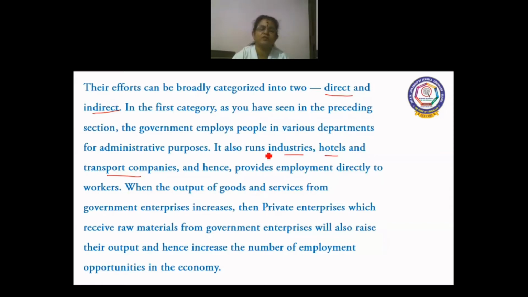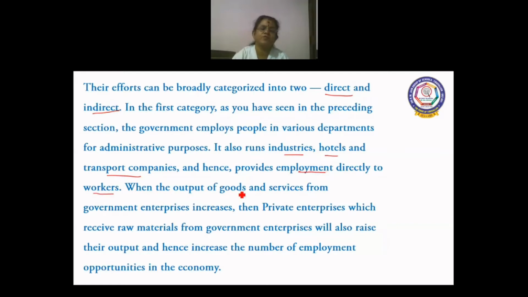So when these undertakings, the industries or the transport companies, are under the government sector and employment is created by the government sector, we call this direct employment, because appointment is done directly and the workers are under the government department.